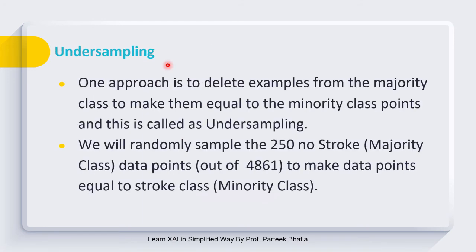The first technique is called undersampling, and this is a very basic approach which states that we delete examples from the majority class to make them equal to the minority class. So you can clearly see that in undersampling we are suggesting to delete the examples of the majority class to make it equal to the minority class.